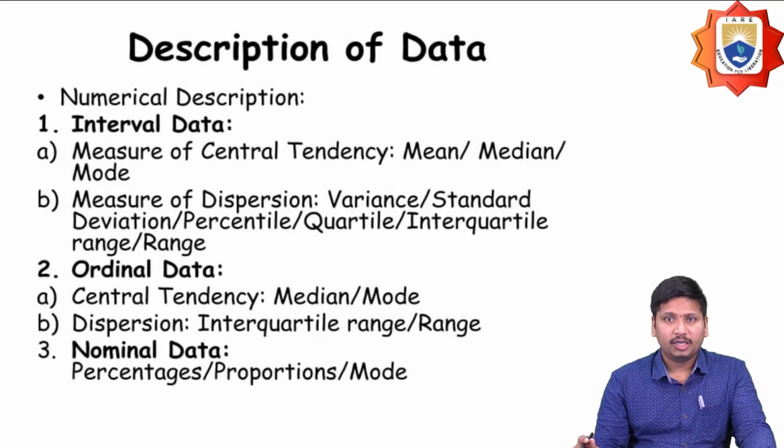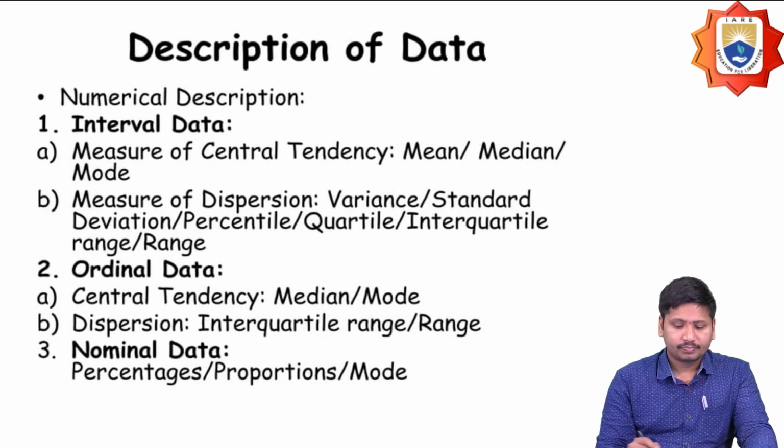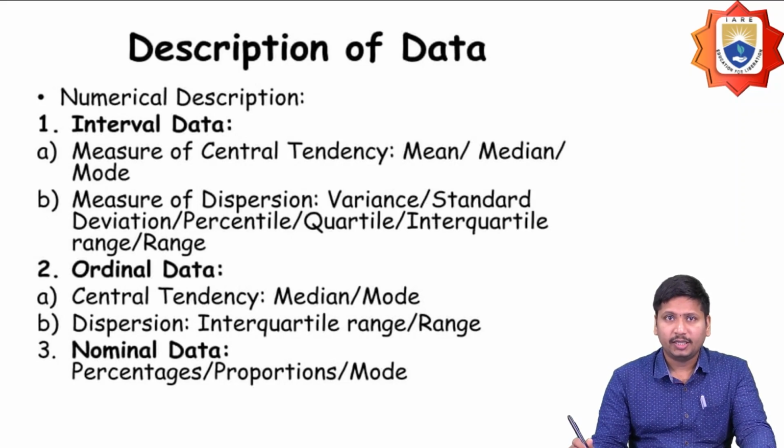For ordinal data, the measures of central tendency are the median and mode, and the measure of dispersion is the interquartile range. For nominal data, it is only percentage, proportions, and mode.